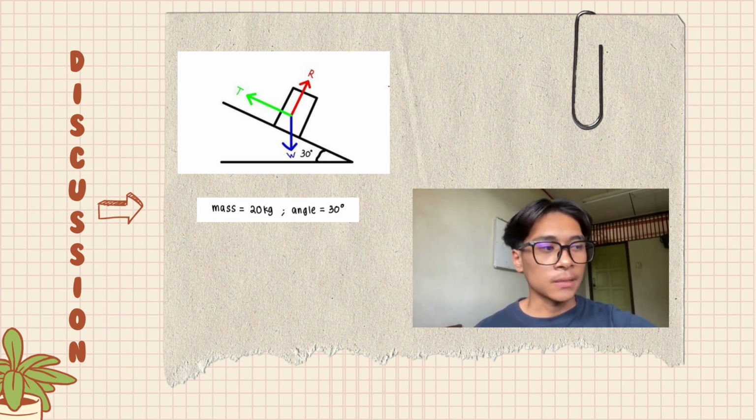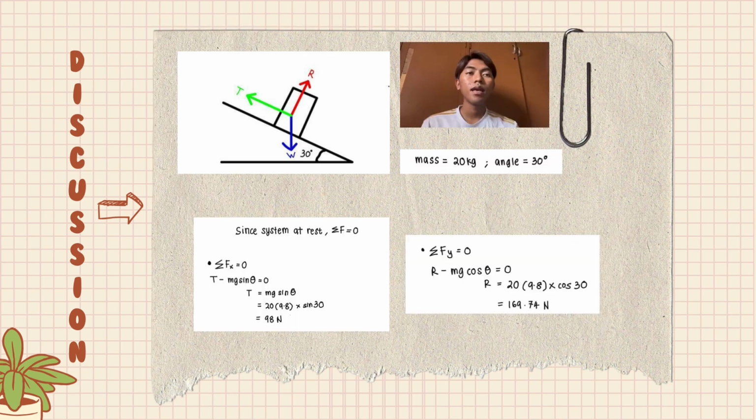So the first step is to draw a diagram based on the situation that we are facing. In this case, we know that the mass of the object is 20 kg and the angle is 30 degrees. Since the situation is at rest, the sum of forces is equal to 0.